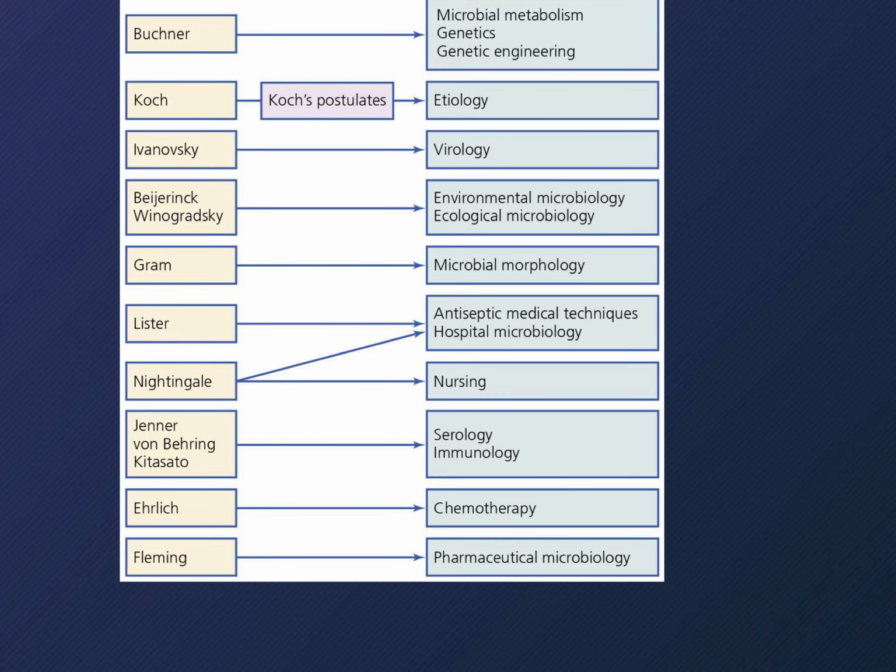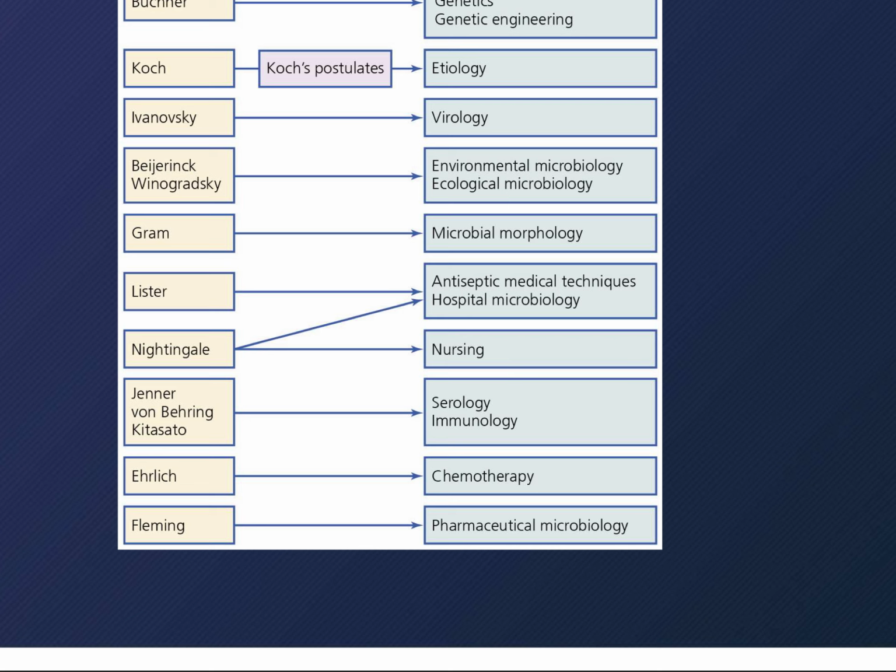Virology from Ivanovsky, right? All of these other people really came through and said, hey, we can take this information and do something else with it, right? Which is really just cool, right? And so we're still seeing a lot of stuff that is still very, very useful, like serology, immunology, and stuff like that. We're still working on a ton of that stuff. None of this stuff is done, right?